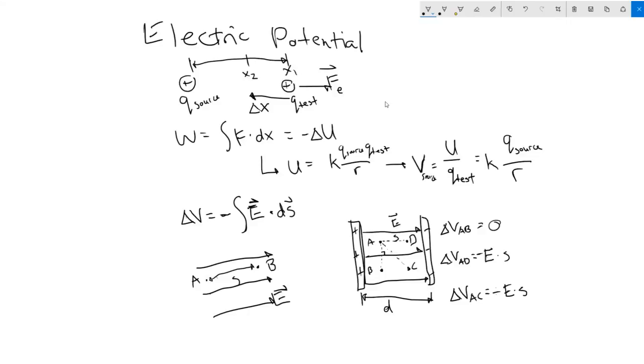If you imagine C has the same horizontal displacement as D, then the potential drop is the same, because even though this is a longer path, when you do the dot product, the electric field is only horizontal. So the displacement that is in the direction of E is the same as it was from A to D.